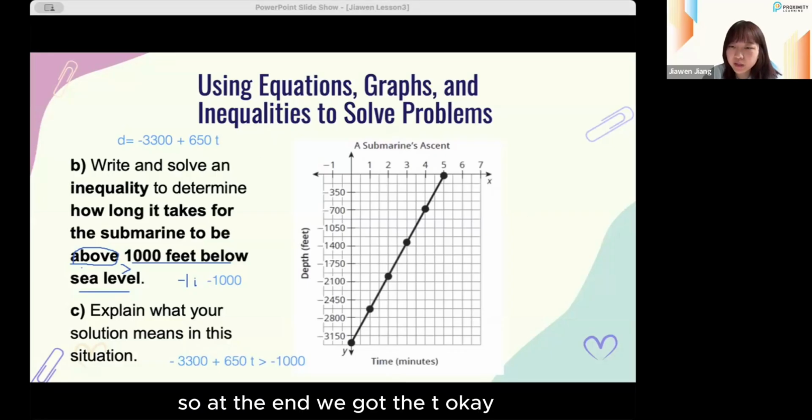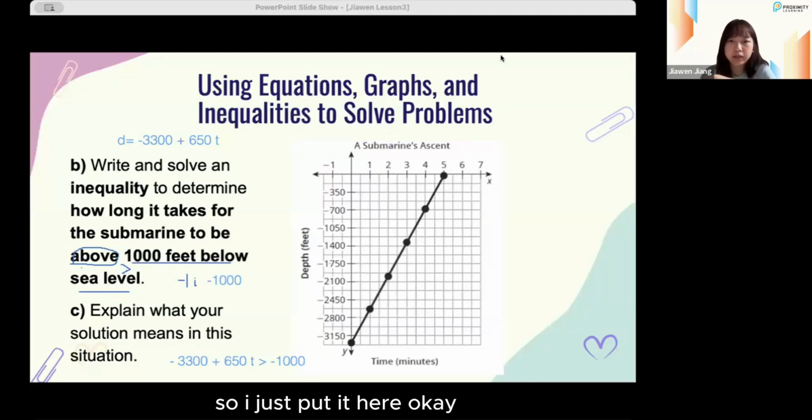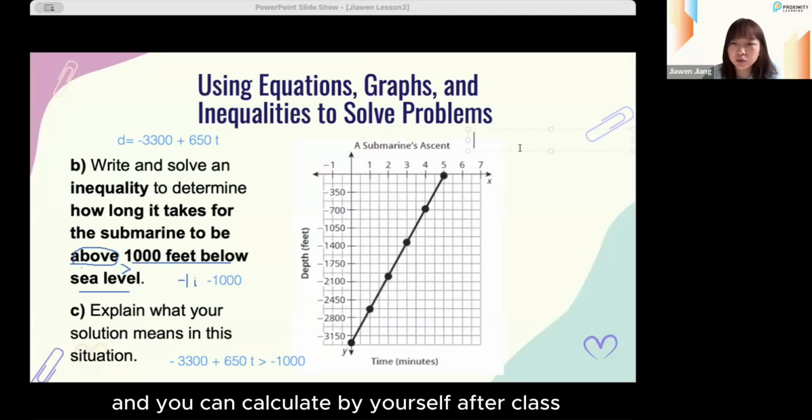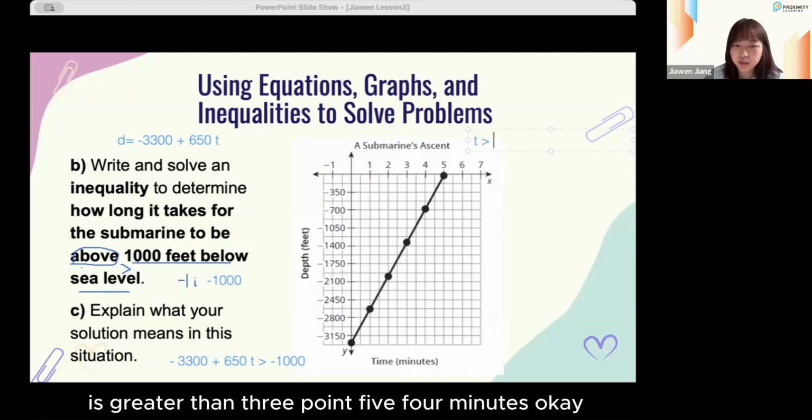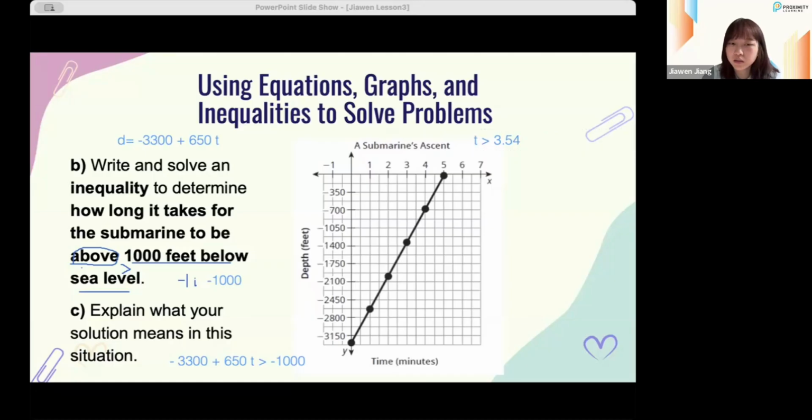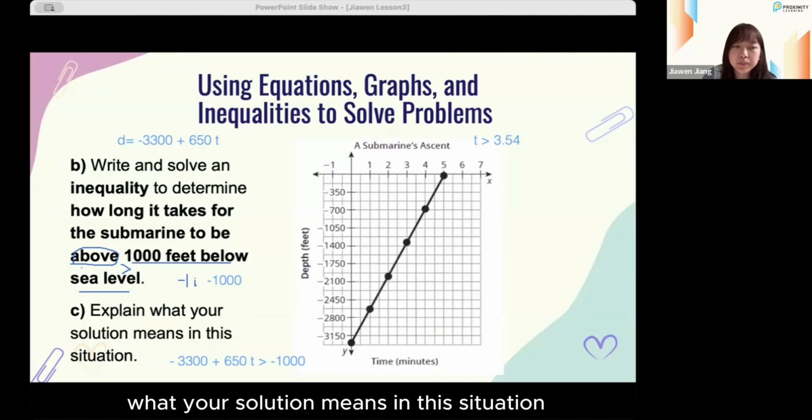So at the end, we got T, because the time is a little bit limited, so I just put it here, and you can calculate by yourself after class. So T at the end, if you use the calculator, is greater than 3.54 minutes, okay? Can anyone explain what your solution means in this situation?